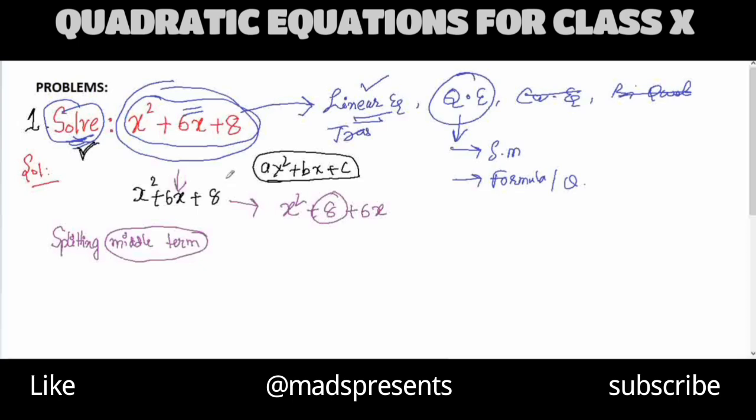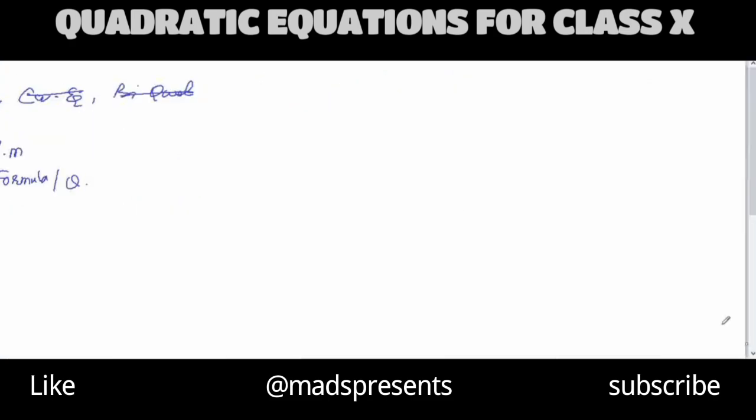If you write x square plus 8 plus 6x, 8 can't be the middle term. Why? Because a quadratic equation is always in the form of x square, then the x term, then the constant. In x square plus 8 plus 6x, after x square you should get 6x, so this is not in order. Whenever a question is not in order, we have to write it in order.